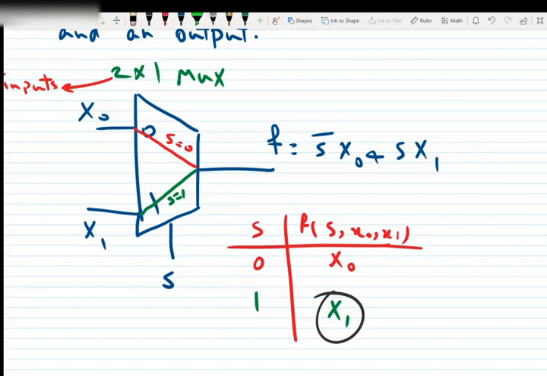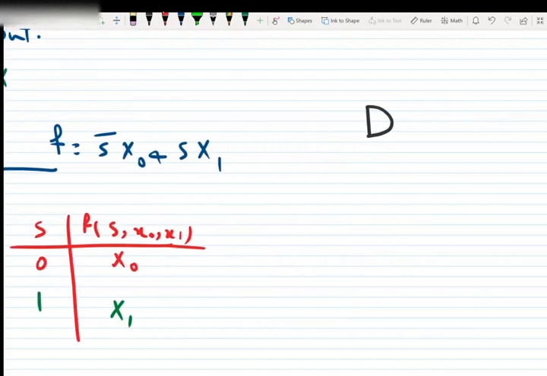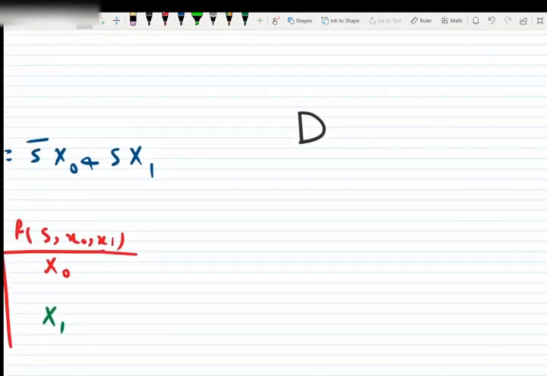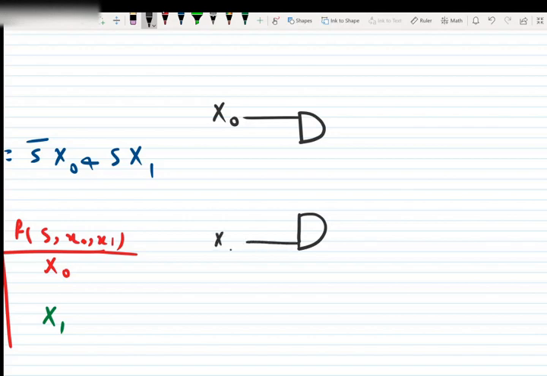Okay, so let's draw the internal architecture of this multiplexer. We have two AND gates. The first AND gate is connected to X0. The second AND gate is connected to X1.